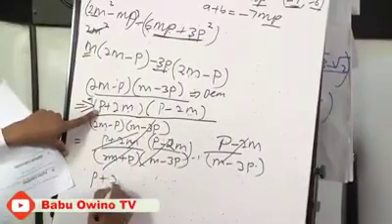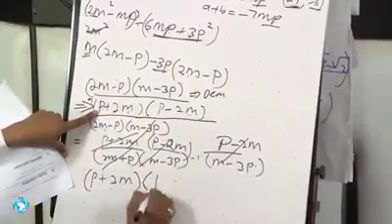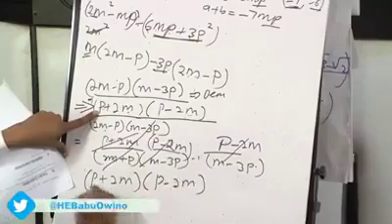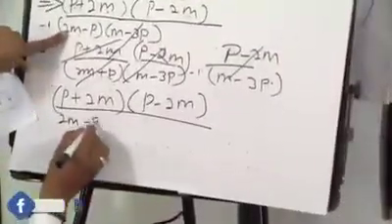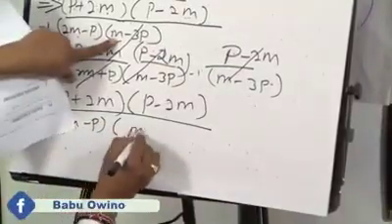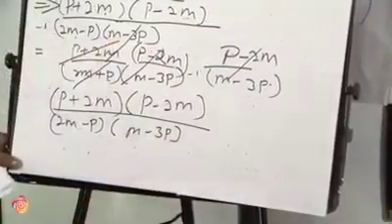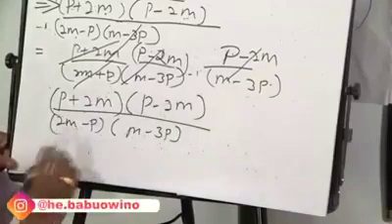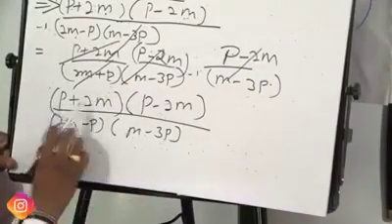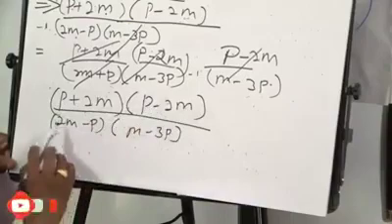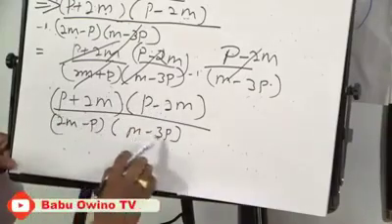p plus 2m into p minus 2m divided by 2m minus p into m minus 3p. So you can clearly see from here, we have p plus 2m into p minus 2m divided by 2m minus p into m minus 3p.